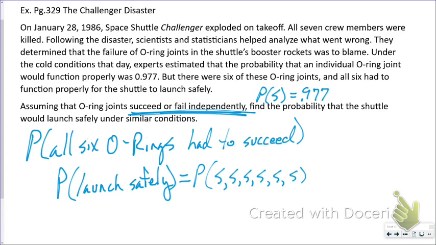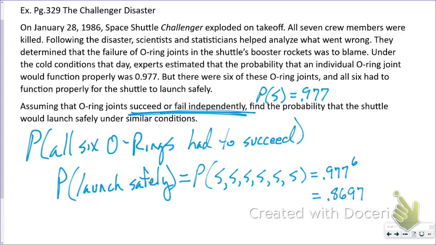Right? So those are 6 S's. That's the intersect of 6 O-rings succeeding. That would be 0.977 times 0.977 times, and so on. Let's just raise it to the 6th power, and we got it.